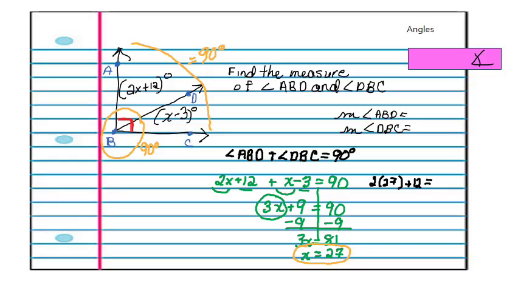Again, practice some mental math. 54 plus 12, 54 plus 10 is 65, plus 2 more is 67. And then we have the 27, replacing it, minus the 3 gives us a 24.